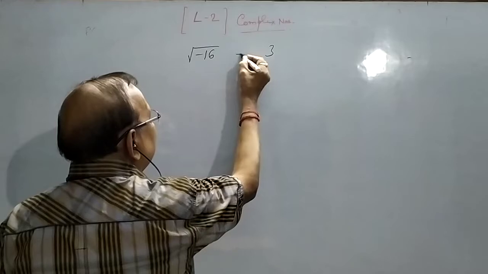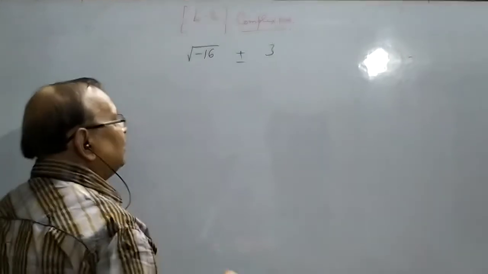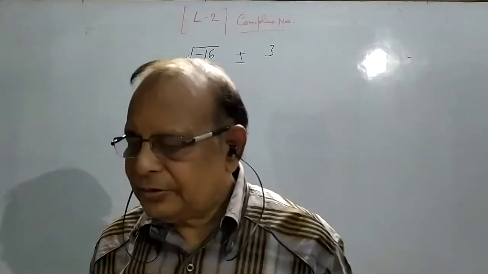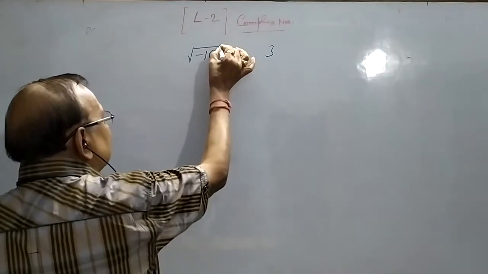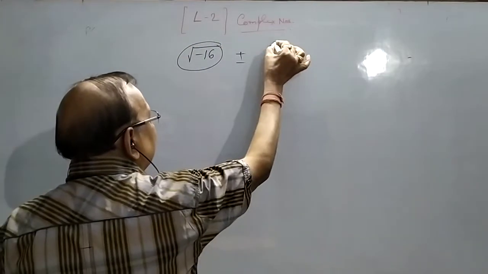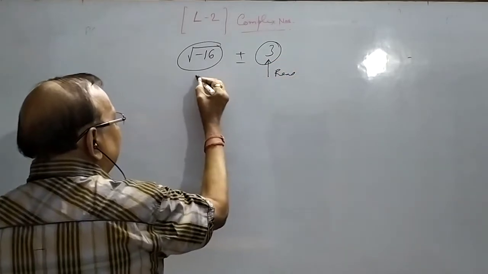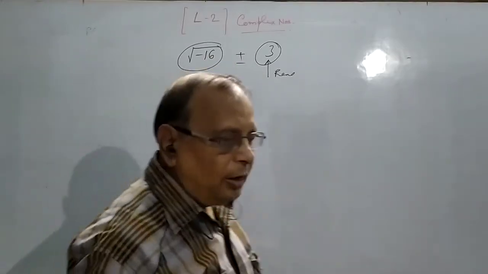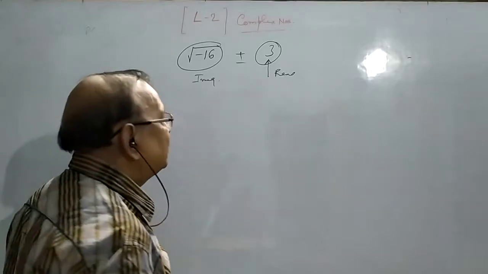If you write this plus this, minus this, multiplication, these are complex numbers. These and these are real numbers, or these are imaginary. That is the mixture. Now, how can we write complex numbers?